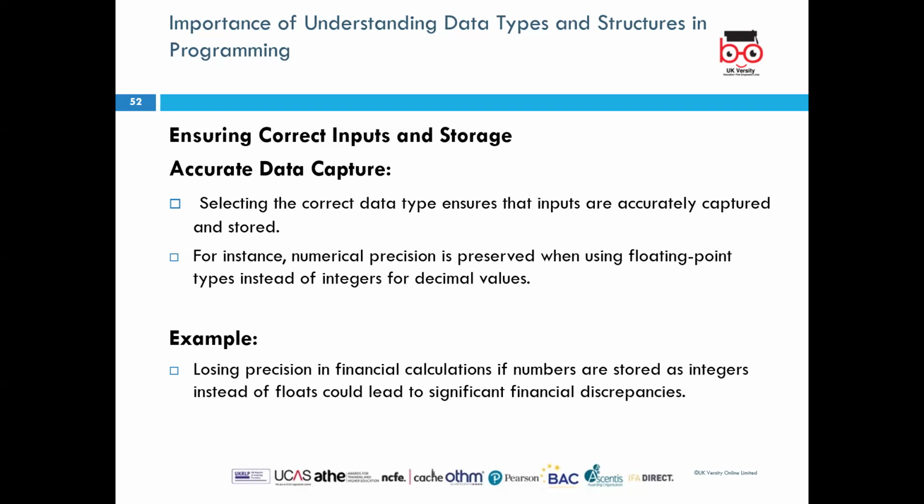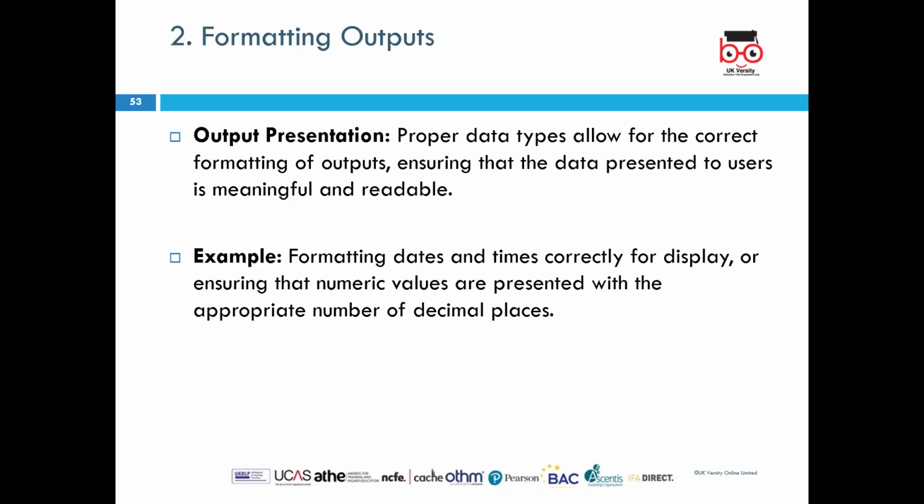So we have accurate data capture, where we have the ability to select the correct data type to ensure that input is accurately captured and stored. For example, losing precision in financial calculations, if numbers are stored as integers instead of floats, could lead to significant financial discrepancies.